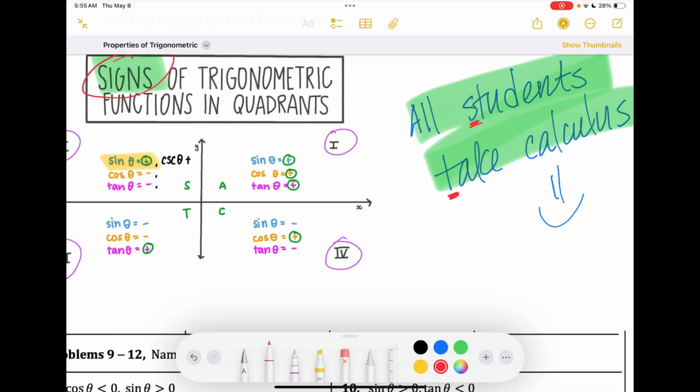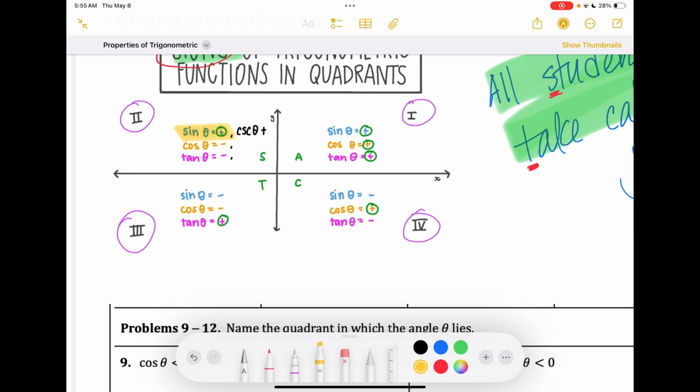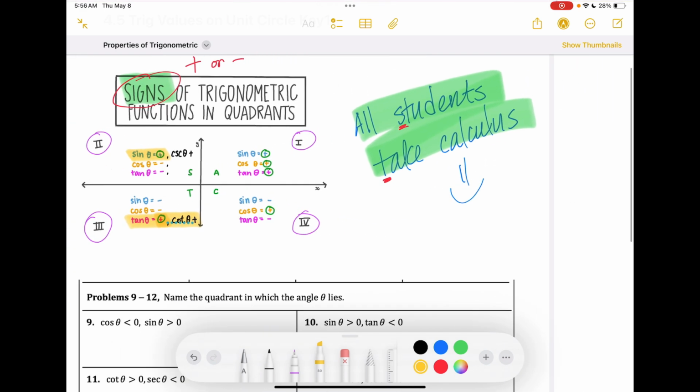Then Take. All Students Take. So the T stands for tangent. So in the third quadrant, only tangent will be positive. But you may say, no, the reciprocal, cotangent, is also positive. You are correct. And then the last one, as you can see, will be Calculus.